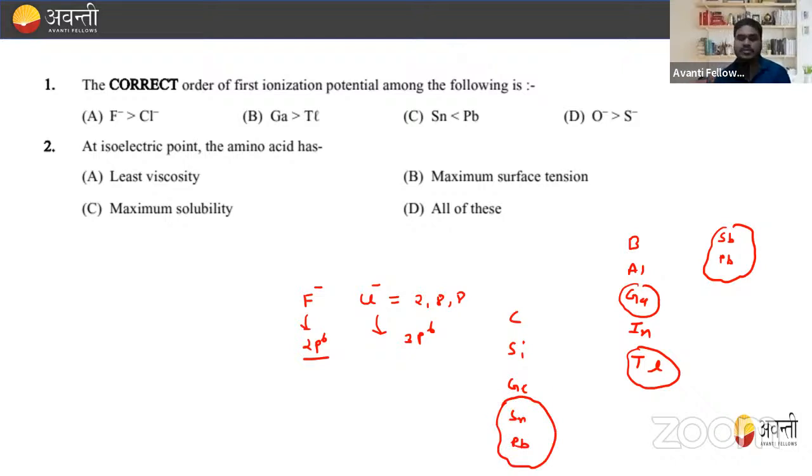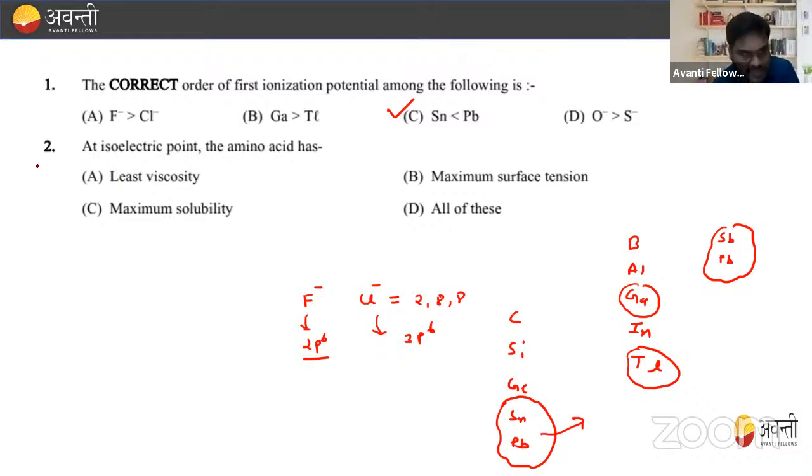Obviously, due to the inert pair effect in Pb, its size decreases. Its outermost electron will not participate, and due to the inert pair effect the nucleus attracts this electron. So a large amount of energy is required to remove an electron in the case of lead. So the correct answer is option C, that is tin and Pb. In Pb, we have to apply a large amount of energy to remove an electron.